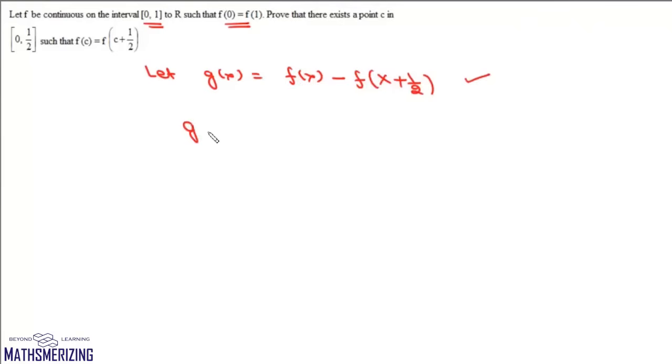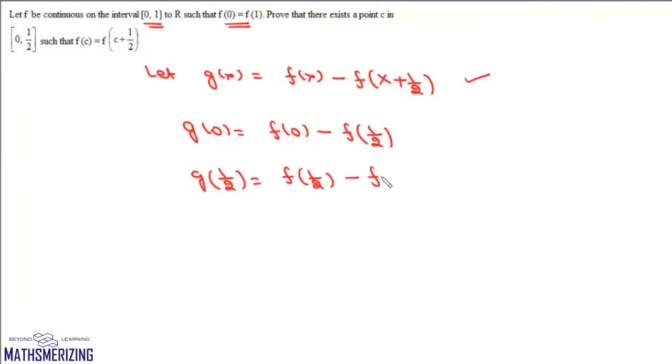Now we find g0, which will be f0 minus f of 1 by 2, and if we find g of 1 by 2, it will be f of 1 by 2 minus f1. Now it is given that f1 is equal to f0, so we can write this as f of 1 by 2 minus f0.